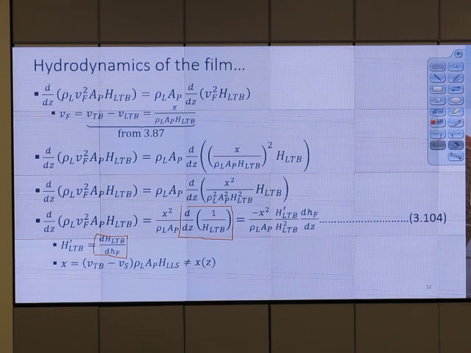Okay, I'll show you. Basically we have minus 1 over H squared multiplied by dH dz, and we split dH dz into the capital H by the small h, multiplied by the small h by dz, right? How do we take the derivative between holdup and height? Is the holdup a function of height?